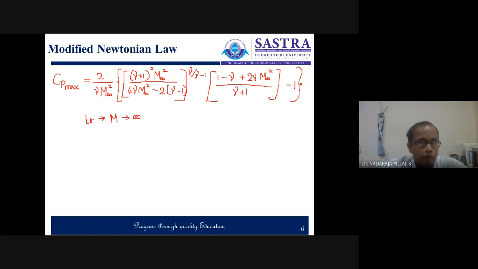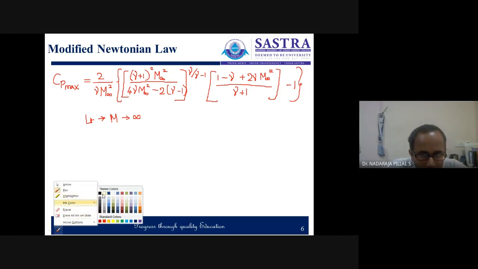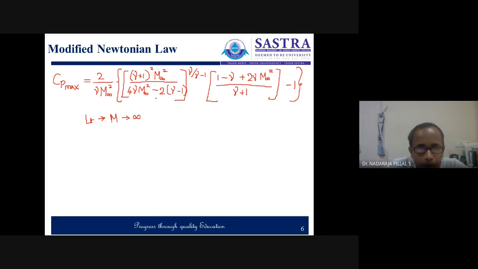When we consider M tends to infinity, we can reduce this equation to a certain extent. If we make M tends to infinity, this is not necessarily needed, and if M tends to infinity here, probably this term also need not be considered.